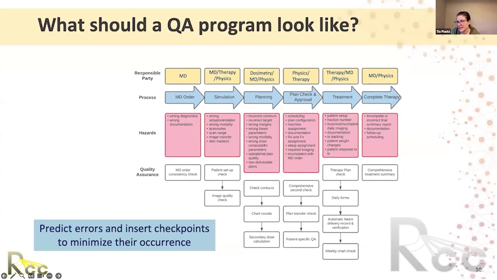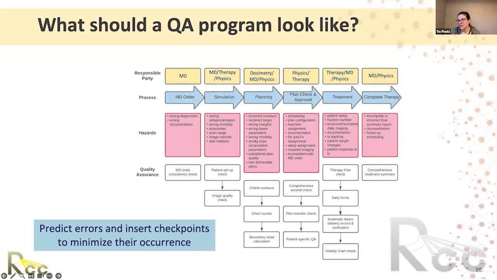And a second example would be that we would have a chart round session. So chart rounds or peer review would have another physician, probably another physicist in the room reviewing the plans, and they could catch other things like the wrong dose being applied to the plan, the wrong modality being used.